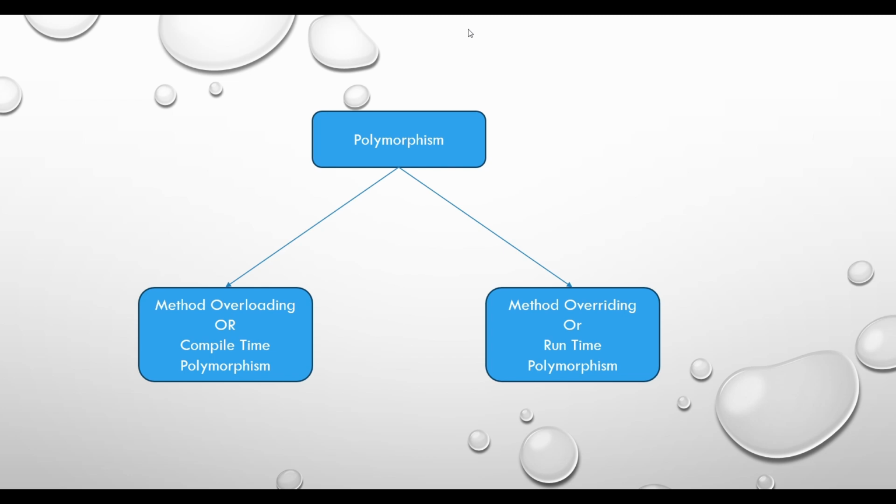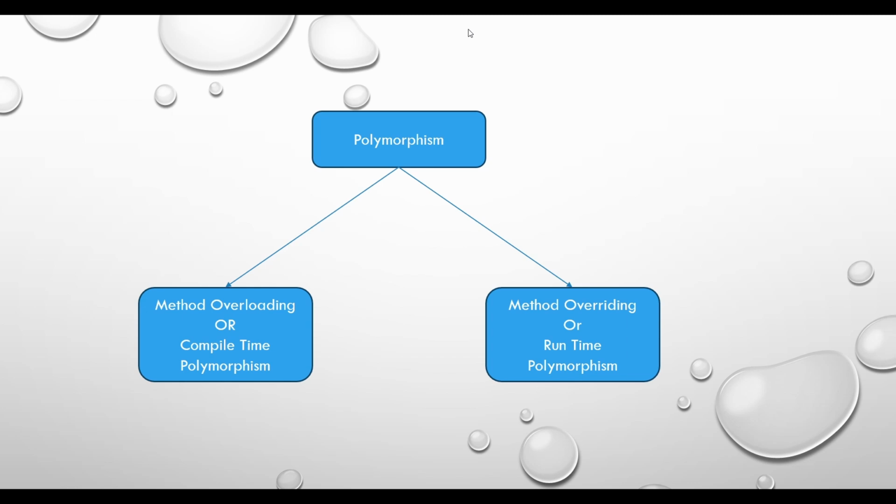One way is you can go from New Delhi to Dubai, and Dubai to New York. Likewise, you can go from New Delhi to Germany and then Germany to New York. So when we perform the same action but in multiple ways, this is known as polymorphism.